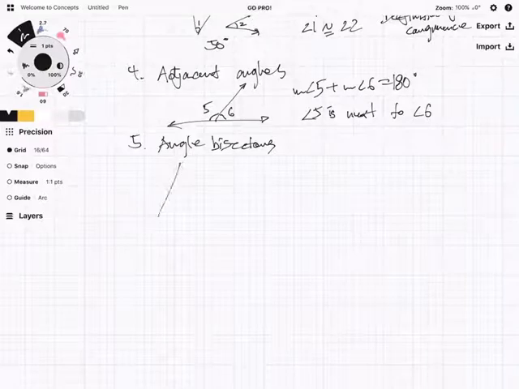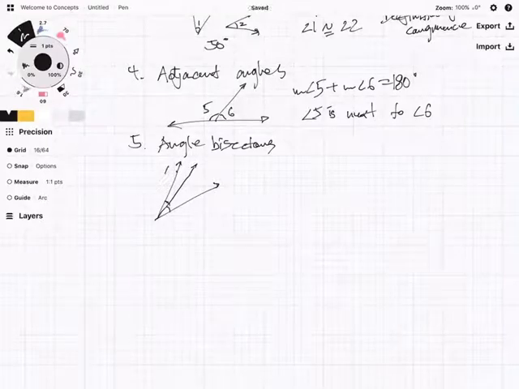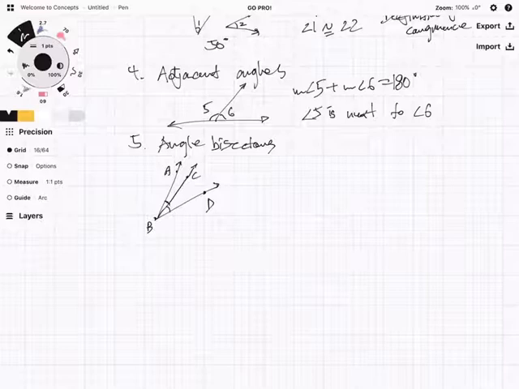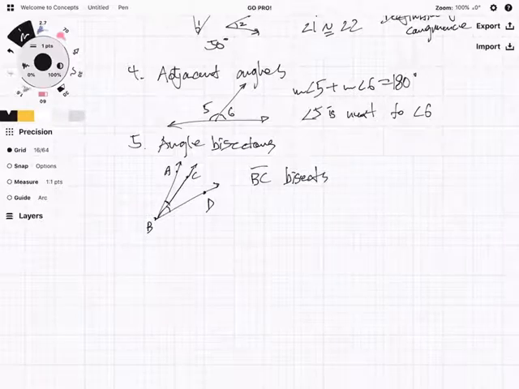For example, if I have an angle here, let's just say this line here, let's call this A, B, C, and D. Let's just say that line BC bisects angle ABD.